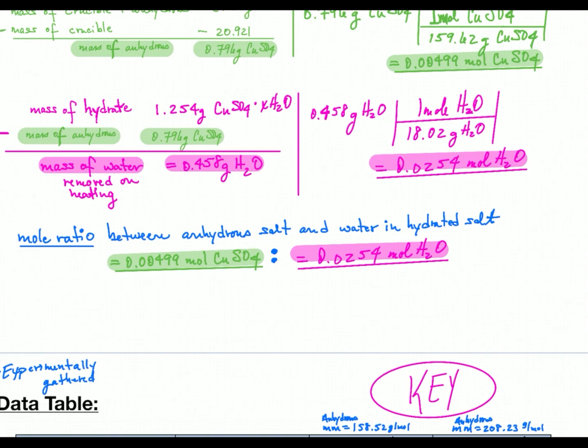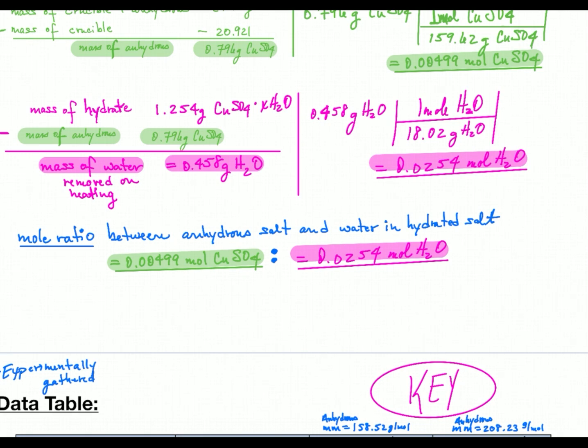So if we bring the numbers of moles down, we know right now that it's 0.00499 moles of the salt, copper sulfate, per 0.0254 moles of water. From our math, that's what we know is present.